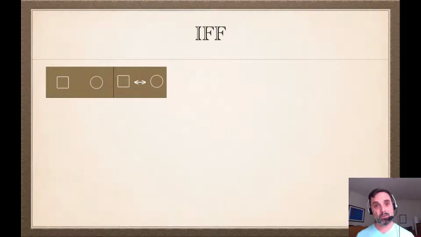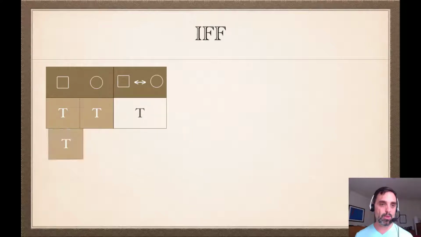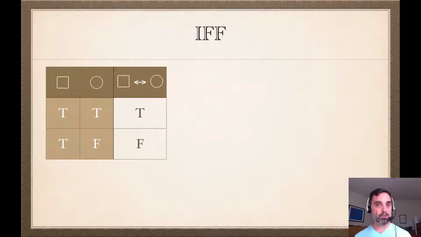The last symbol is the double arrow, the if and only if, IFF. So if both square and circle are true, then square if and only if circle is true. If square is true and circle is false, then the whole thing is false. If square is false and circle is true, again the whole thing is false.